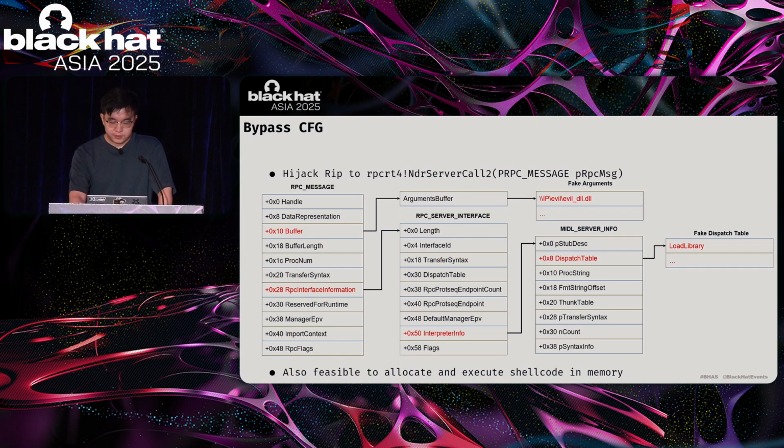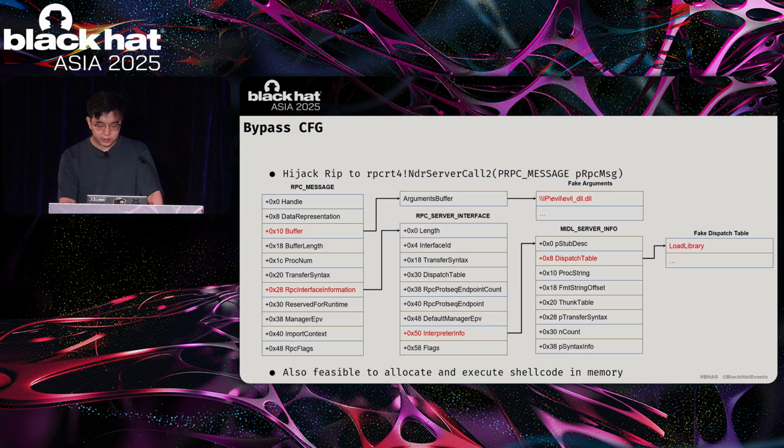Although in the previous step we were able to hijack the program's control flow, due to Windows CFG protections, the address of the forged virtual table call cannot be outside of the CFG whitelist. To bypass CFG, we can hijack the control flow to the function NDR server call 2 in RPC runtime.